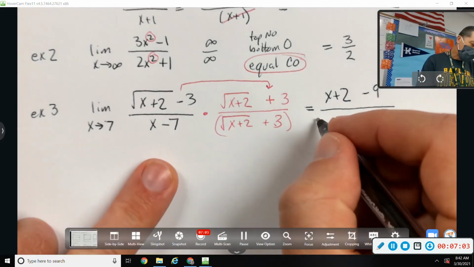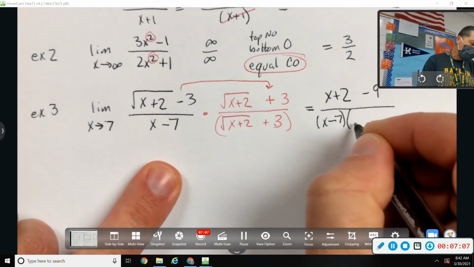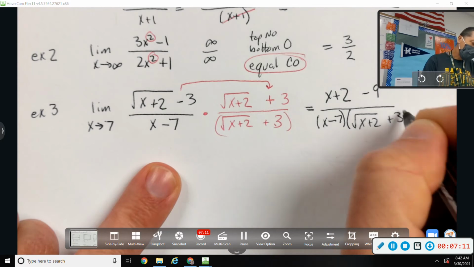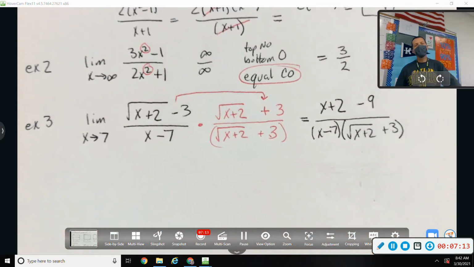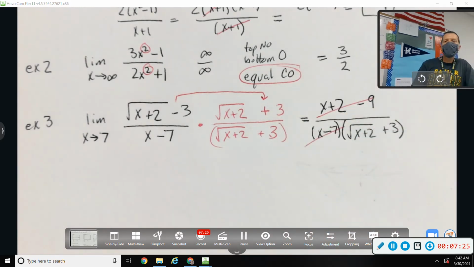In the bottom, you might remember that we don't actually multiply. I mean, we are multiplying, but we're not going to multiply it out. We're just going to leave it like that and hope that something cancels out. And aha, as always, x minus 7 over x minus 7 cancels out.